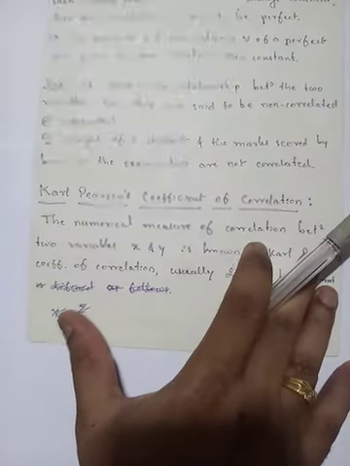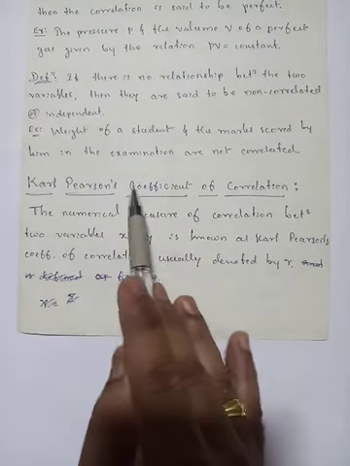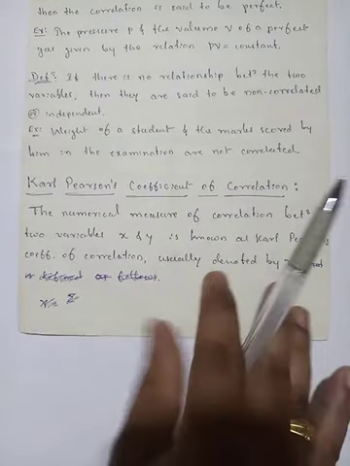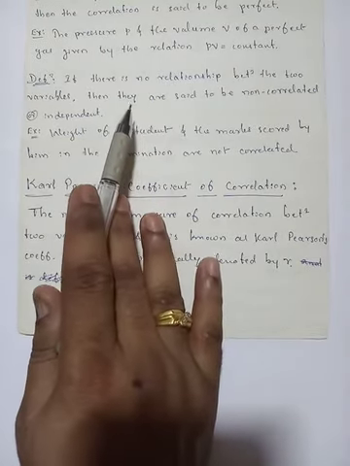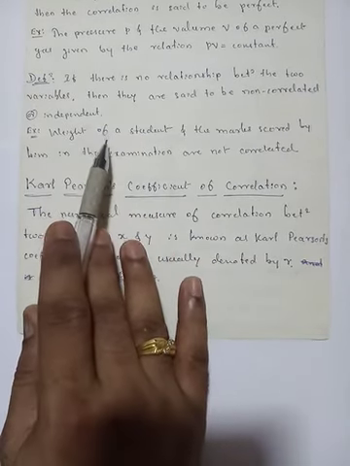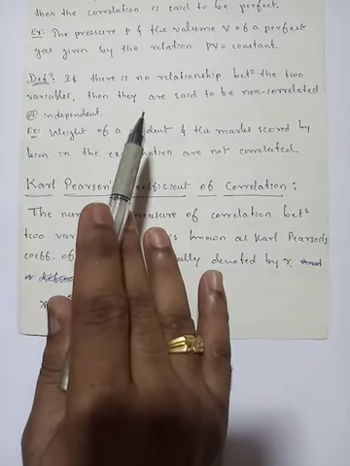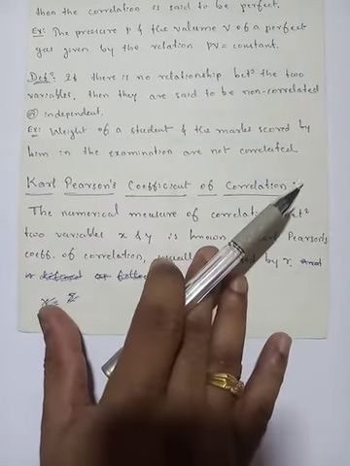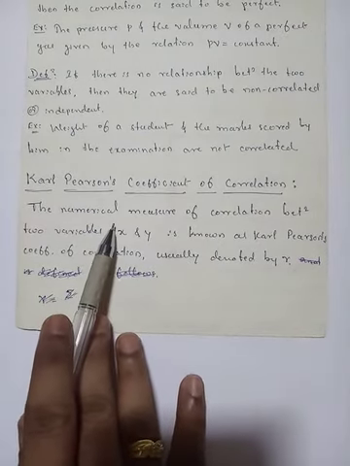Now the next is Karl Pearson's coefficient of correlation. In the previous definitions we were just saying the relation between the height and the weight of a person, positive correlation, negative correlation. Now those relations we are calculating numerically.